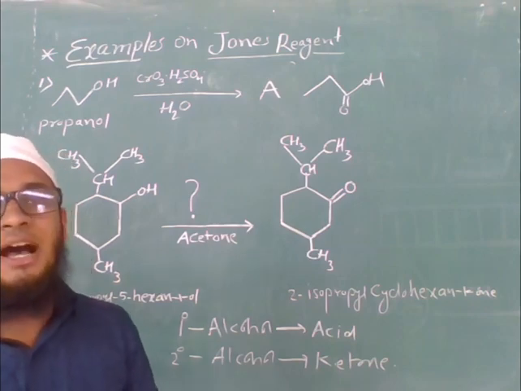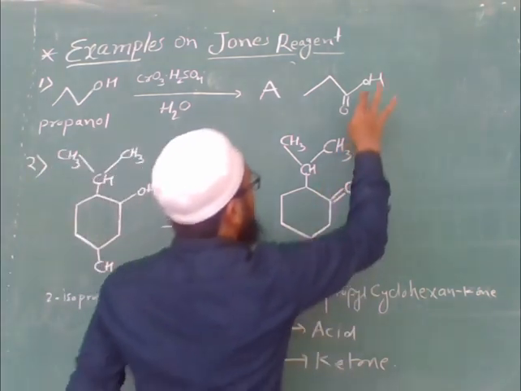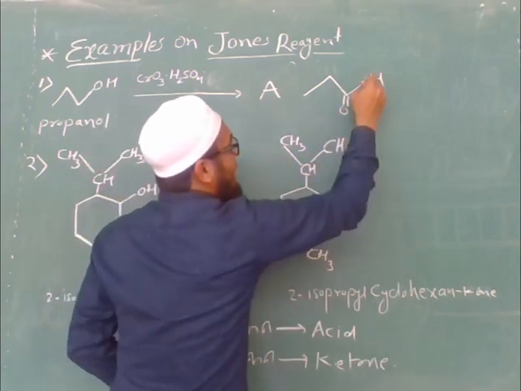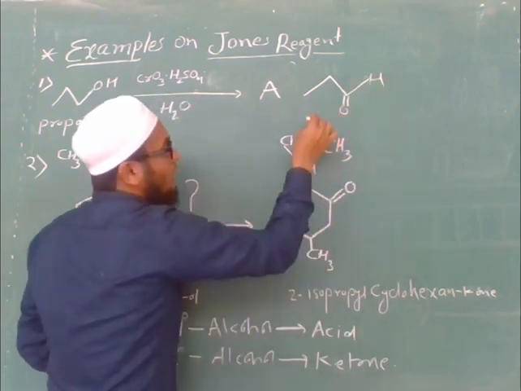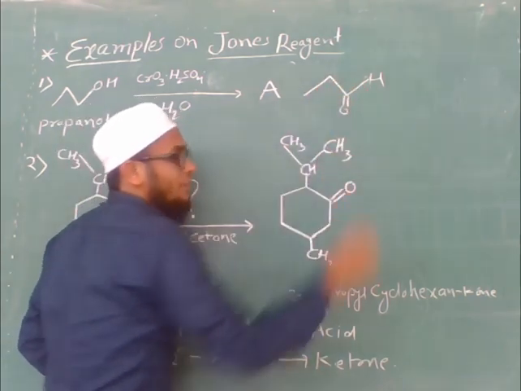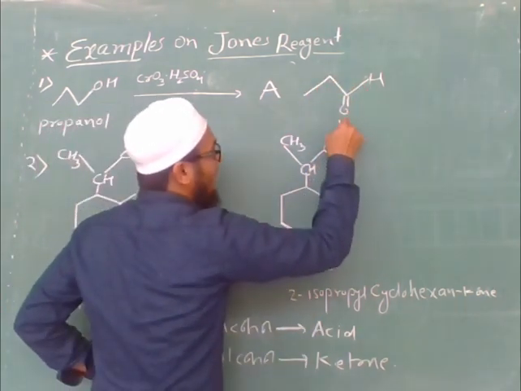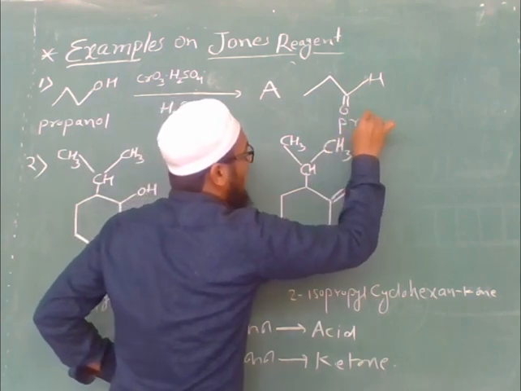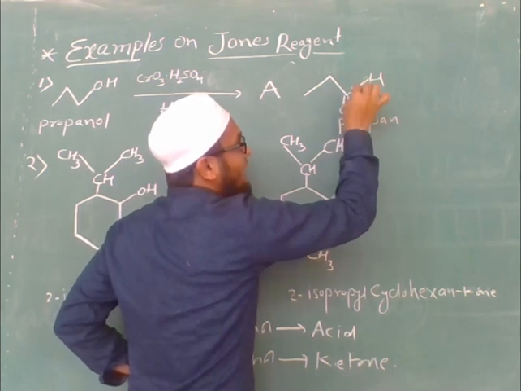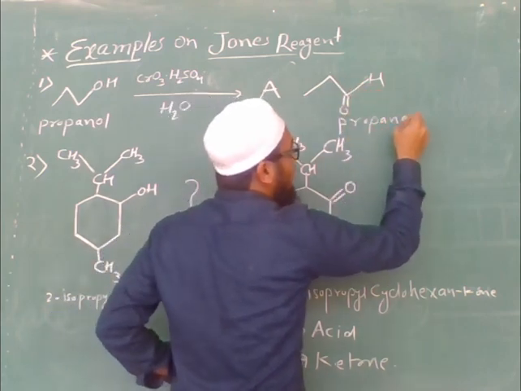It gives us aldehyde at 40%. So this is our acid, this is our aldehyde. Now name the aldehyde. 1, 2, 3, 3 carbons, so the parent chain is propane. At first position the aldehyde group is there, so it is propanal.